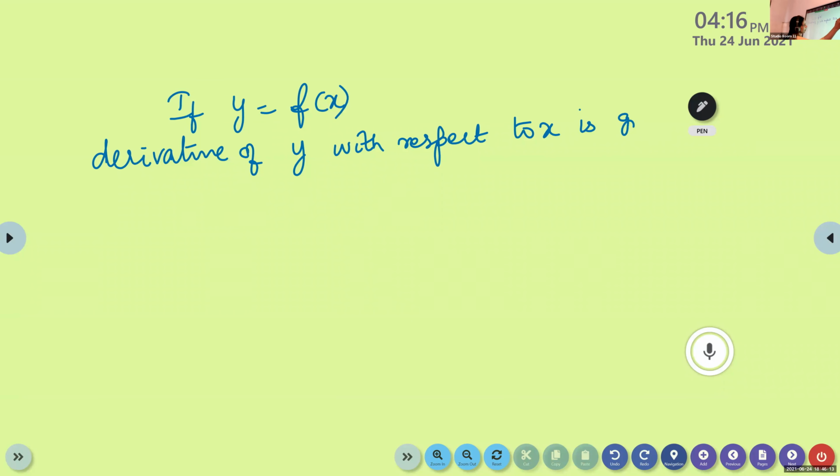How will you denote this derivative, Ashwin? If y is f of x, its derivative is given by?